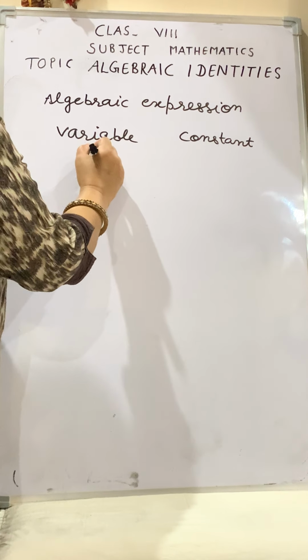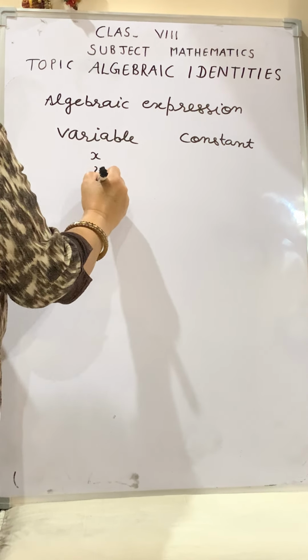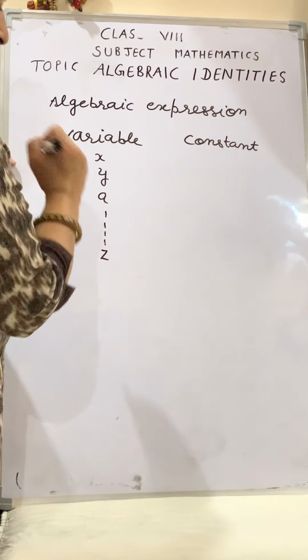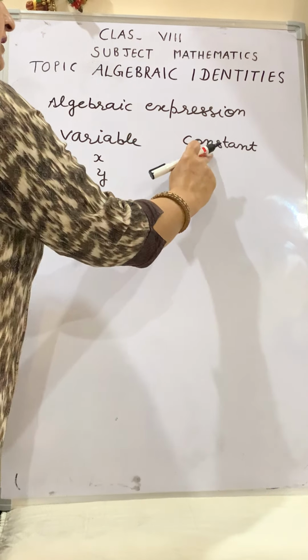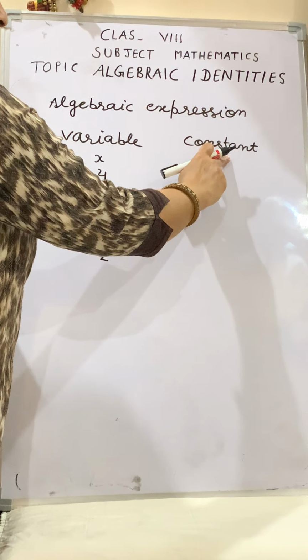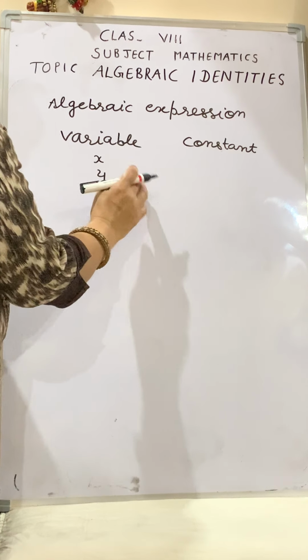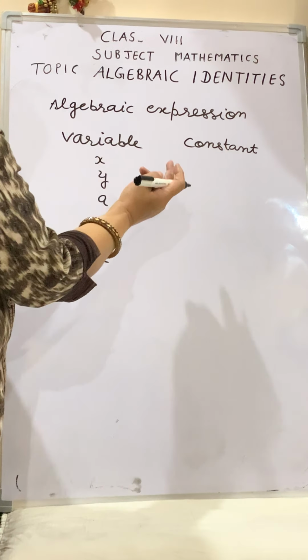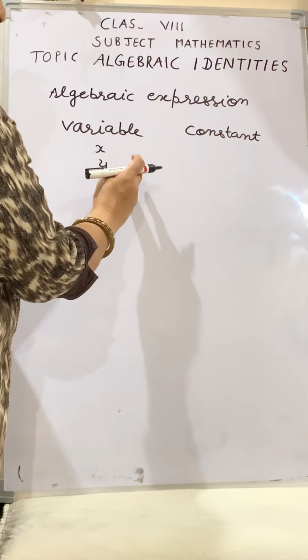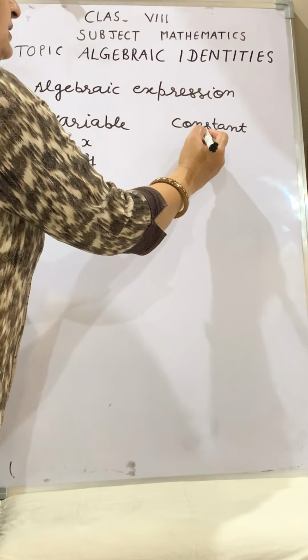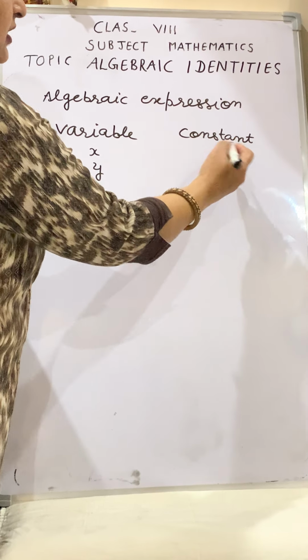What is variable? X is variable, Y is variable, A is variable, Z is variable. What are constant? Having fixed value, having no fixed value. We can take x is 2, x is minus 1, y is 3, y is minus 2, etc. And constant means having fixed value.